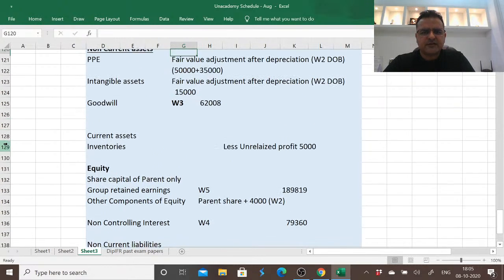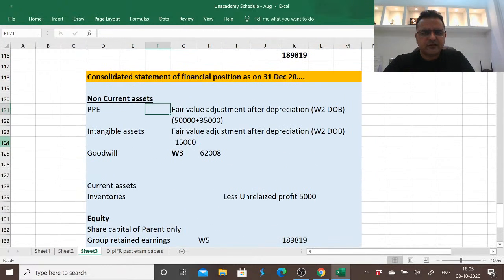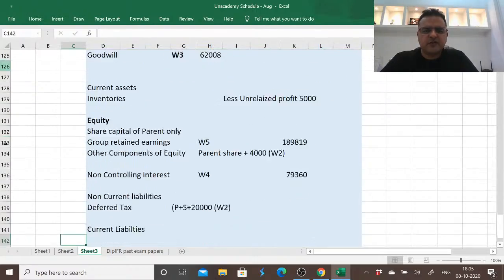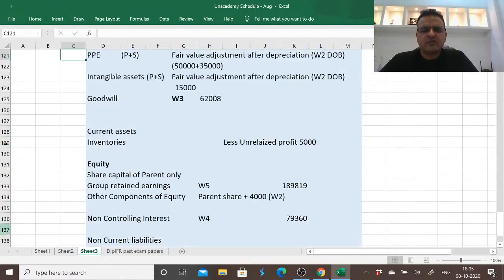Same here on the asset side, P plus S of PPE and intangibles, plus this date of balance sheet increase in fair value on the date of acquisition. So this is how we prepare the consolidated financial position, and the role of these 5 workings in preparation of consolidated financial statements.